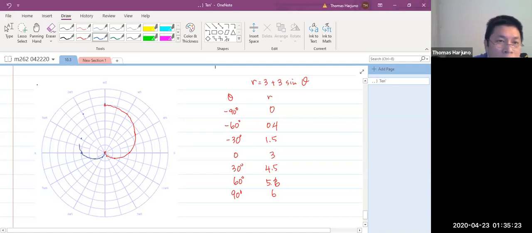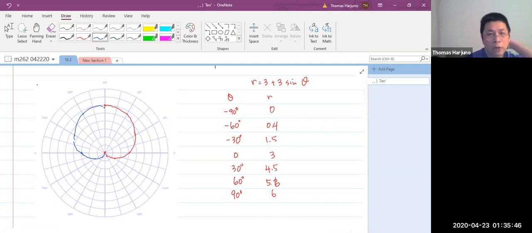That's the reflection. Approximately, that's what it looks like.